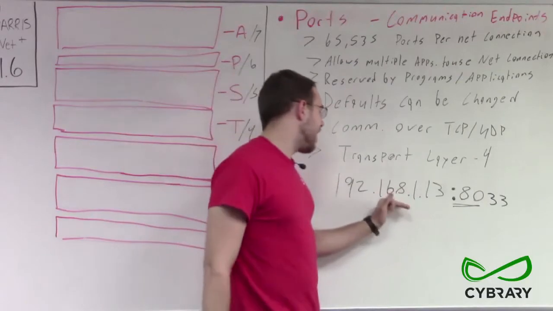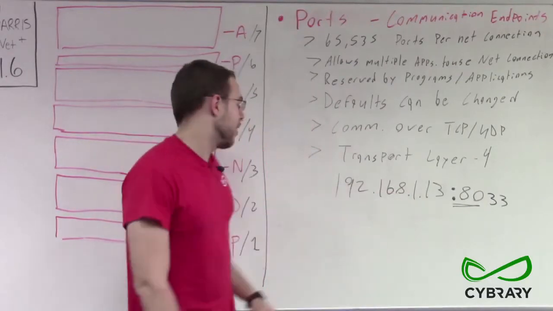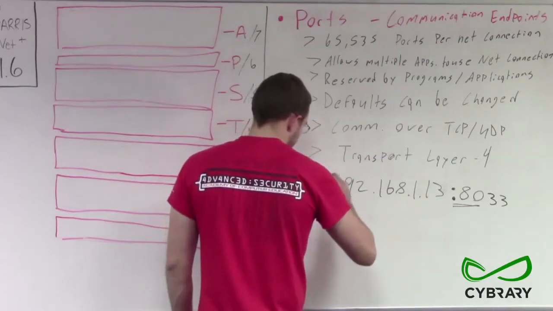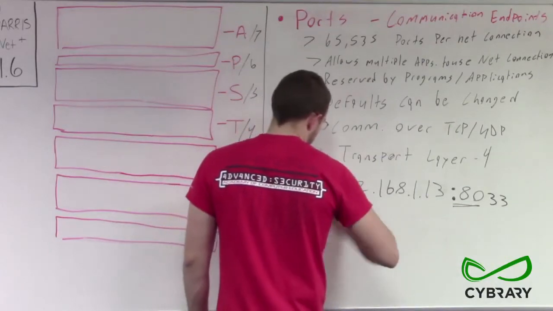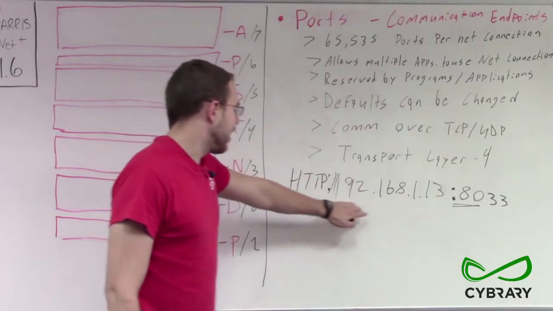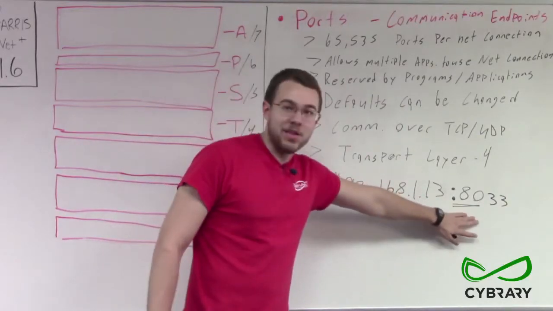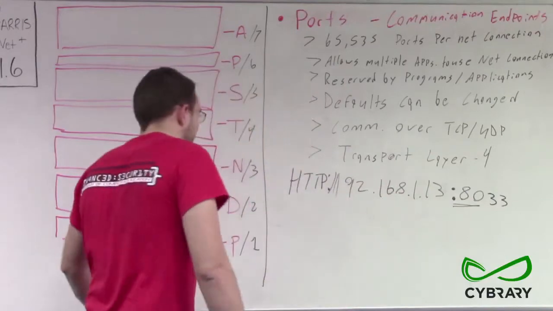In order to navigate to that interface for that IP camera, you would have to go to HTTP colon slash slash 192.168.1.13 port 8033.